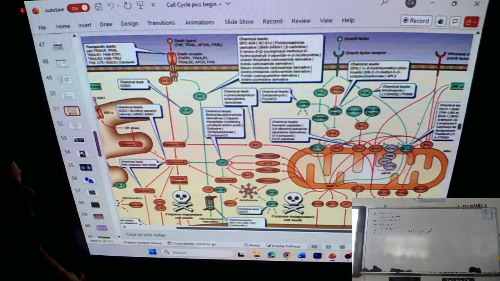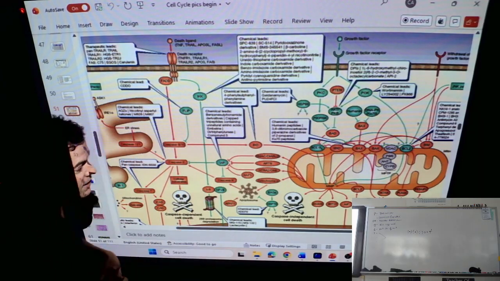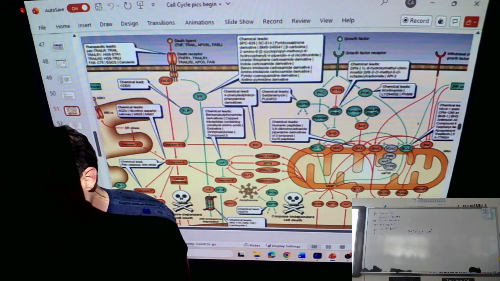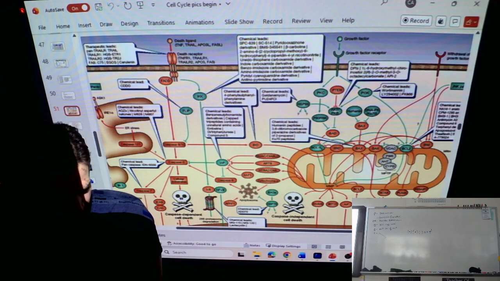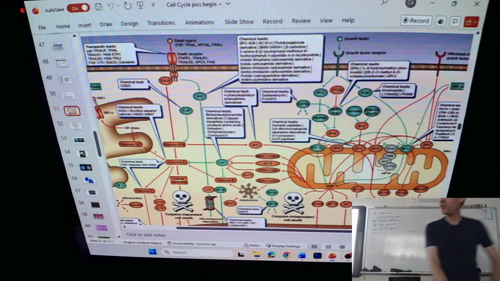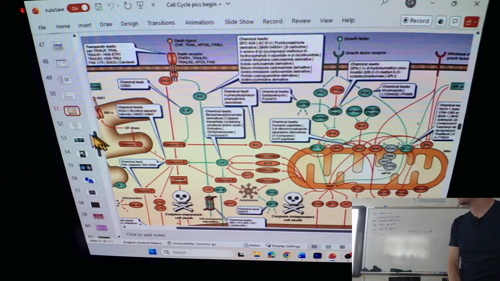Chemically it gets more complicated than that, but conceptually, do I decide on my own, I messed up, I should destroy myself, or does a white blood cell have to say, hey bud, you should destroy yourself, you've got cancer? So it's an external signal or an internal signal that tells me to.